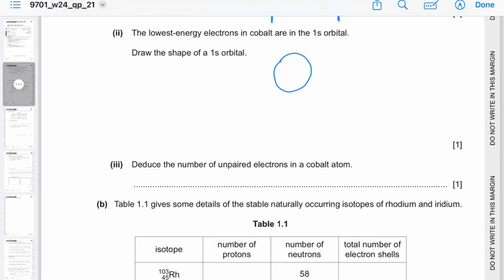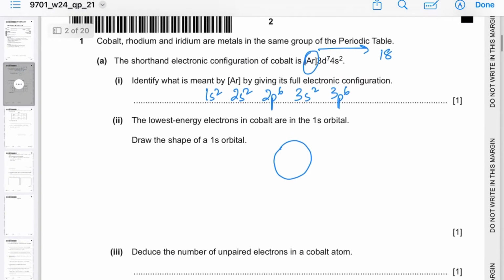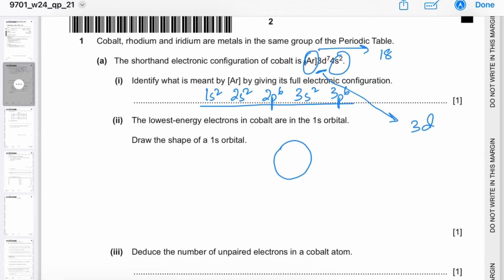As you can see, all the orbitals except the 3d orbital are filled to their maximum capacity in cobalt. All of these orbitals and the 4s orbital are filled to their maximum capacity except for the 3d orbital.